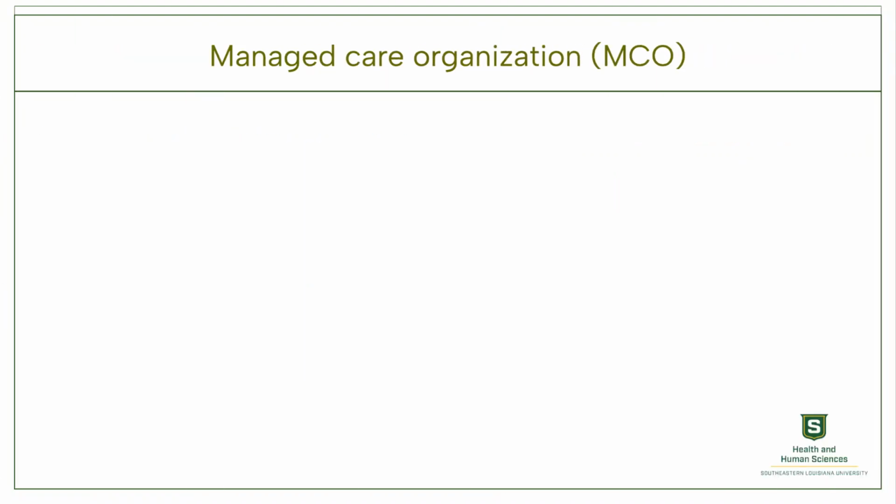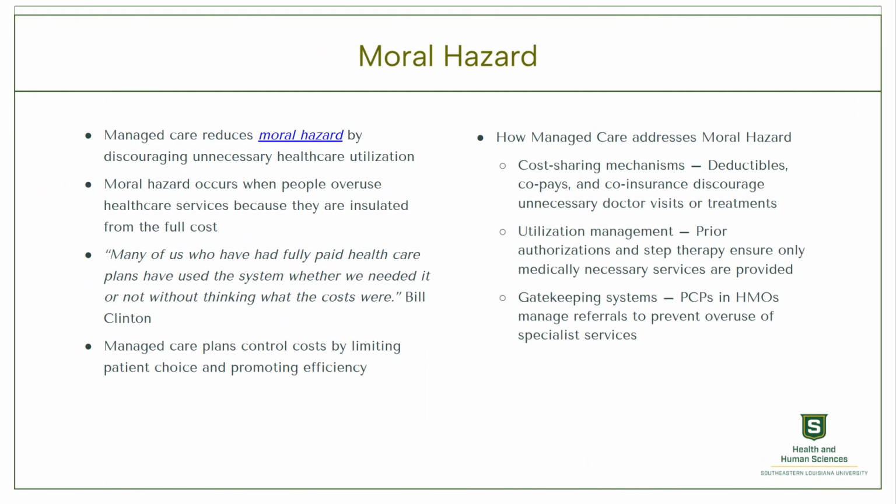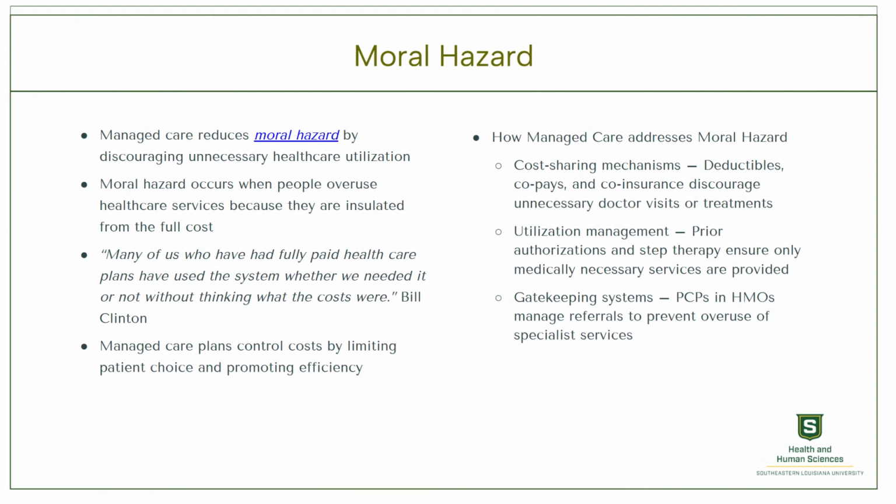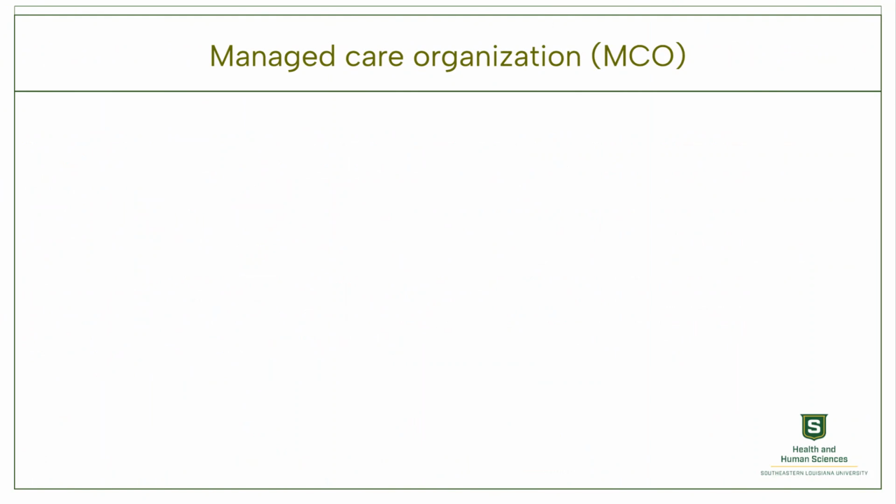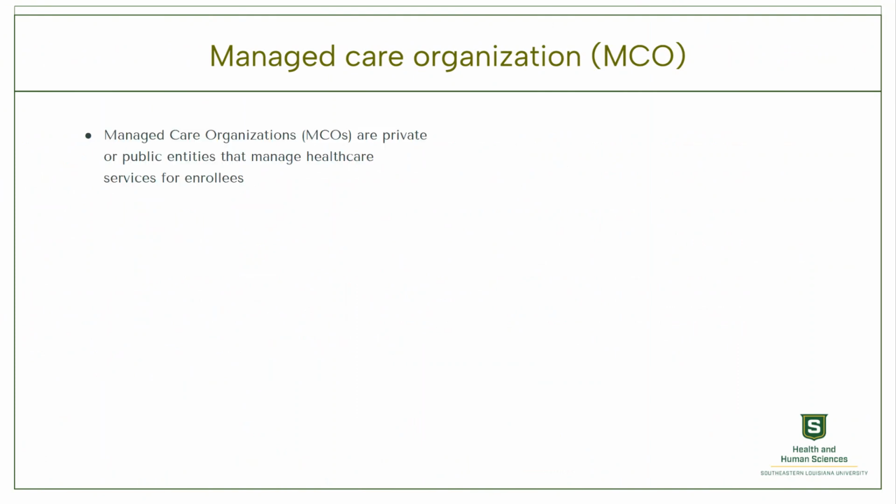So I mentioned managed care organizations in the previous slides. Let me quickly show how managed care is implemented through managed care organizations. Managed care organizations are private or public entities.